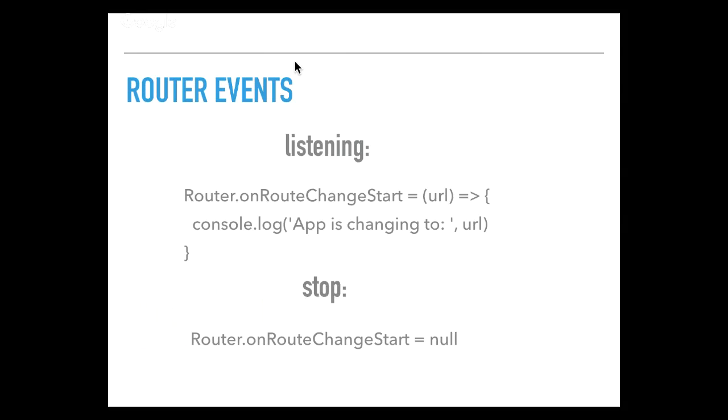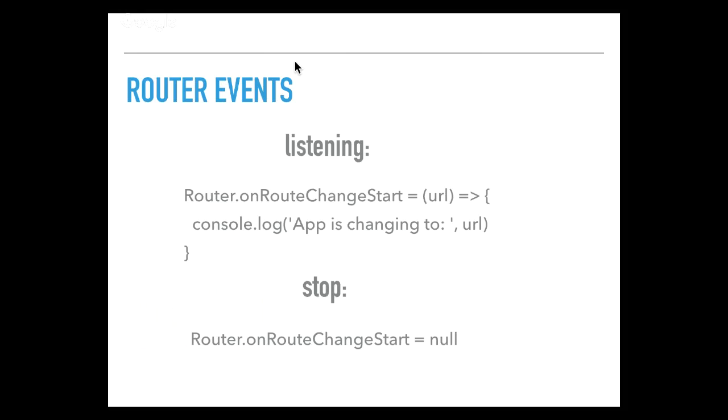Okay, so the next one is that, as I said, you can interact with the router events and say, I want to do something when, for example, the route is changed. I want to just console log this, or show it on the screen, something.